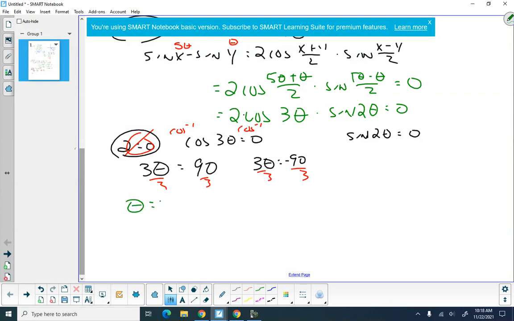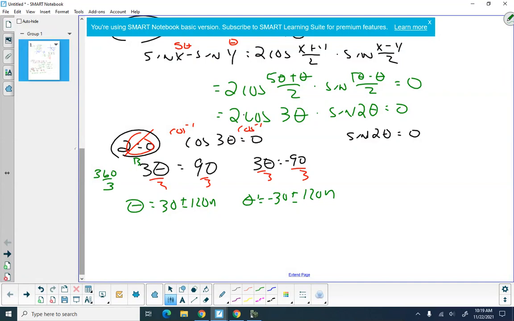So we have theta is equal to 30 plus or minus the period n. Theta is equal to negative 30 plus or minus the period n. Our b value is 3. So we have 360 divided by 3, which is 120.